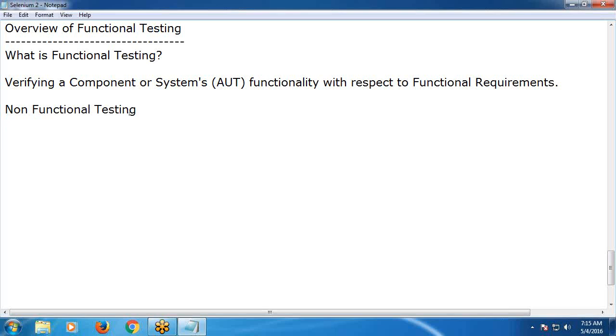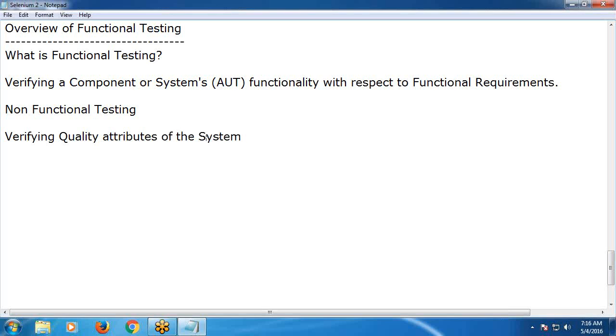What is non-functional testing? Verifying quality attributes. Quality attributes: performance, look and feel, etc. Quality attributes of the system.